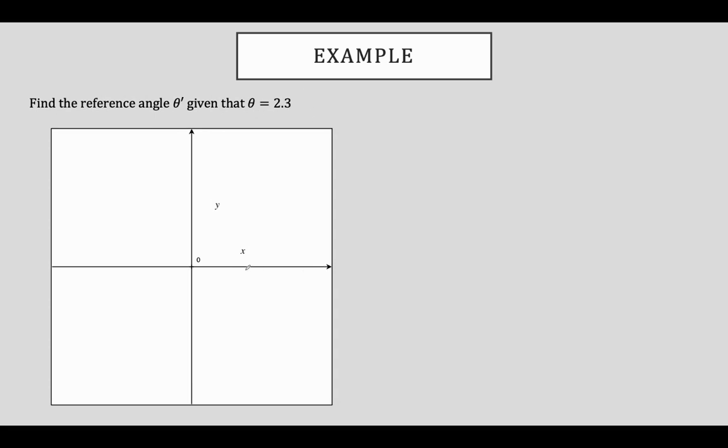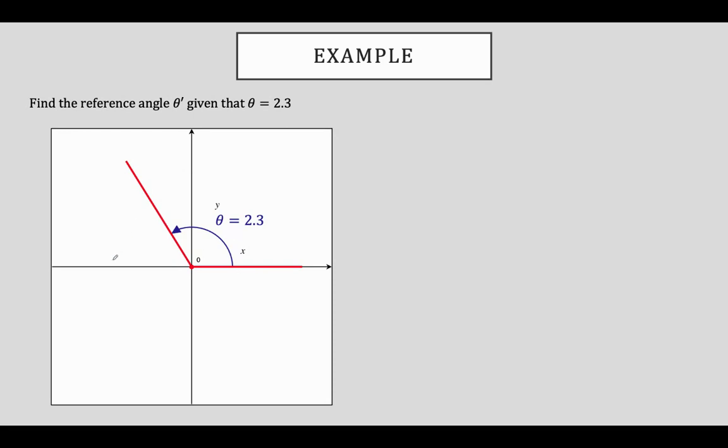Well, we know that pi radians over here would be approximately 3.14 radians, and pi over 2, well, 3.14 divided by 2, that's approximately 1.57. It's got to be between those two values, so somewhere in quadrant 2. All right, we'll call that 2.3 radians, right about there.